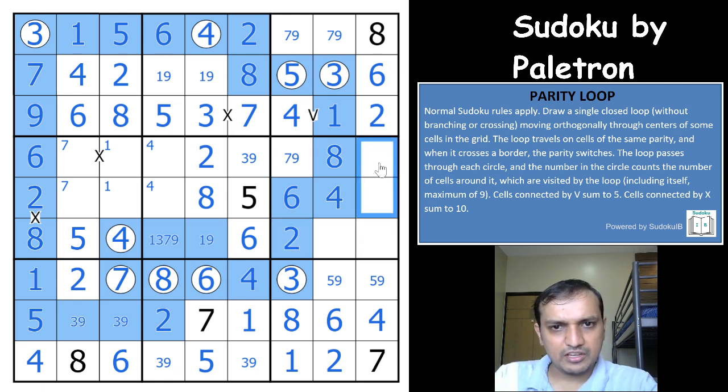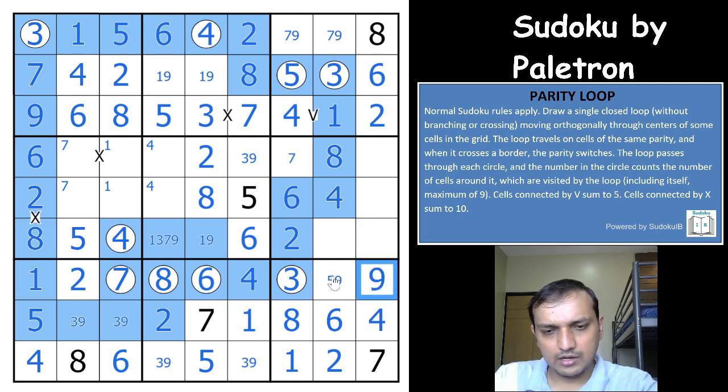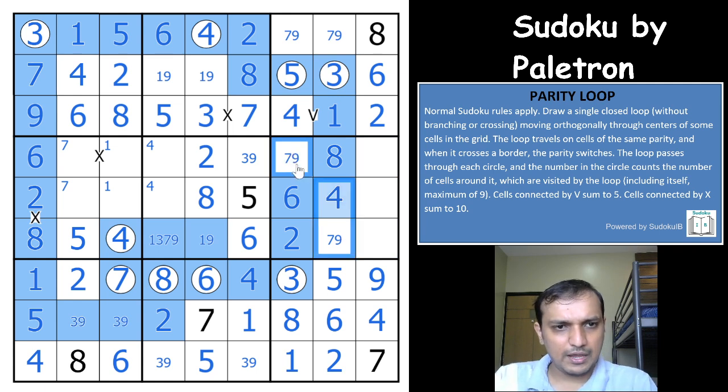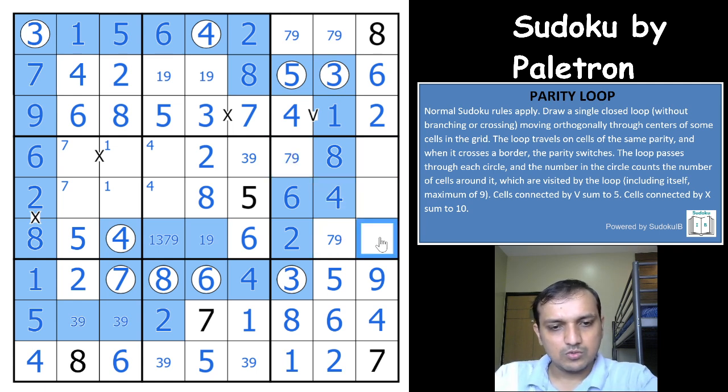Five cannot be here, 5 is in one of these two cells, so this is a 9 here and a 5 here. This is 7 or a 9, both this is a 7 or a 9. Okay, you have a 7-9 pair here, 1 and a 3 here.